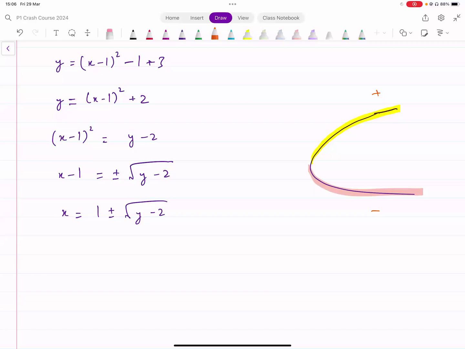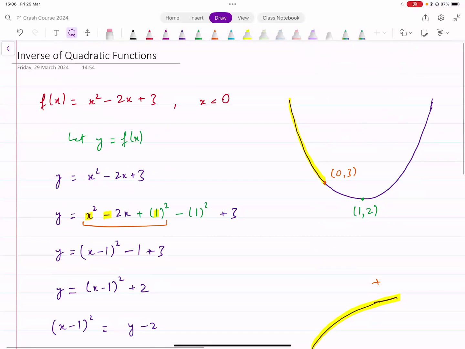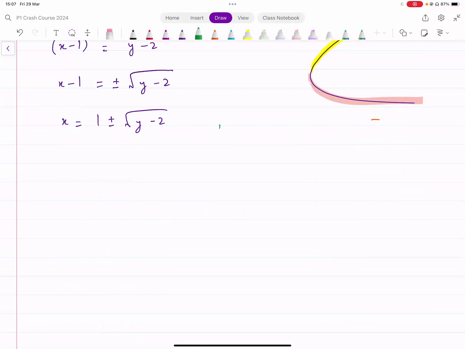And then once you have done that, you will have to decide whether you are going to be using plus there or minus there. Now, how are you going to decide that? Using the domain of this function. Now, we have made x the subject, and we are given in the question that x is supposed to be less than 0. The question says x is less than 0.